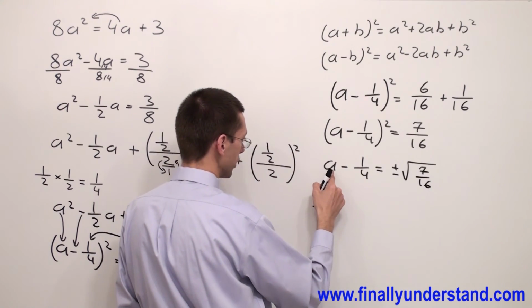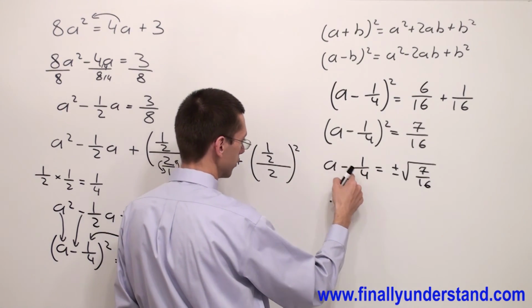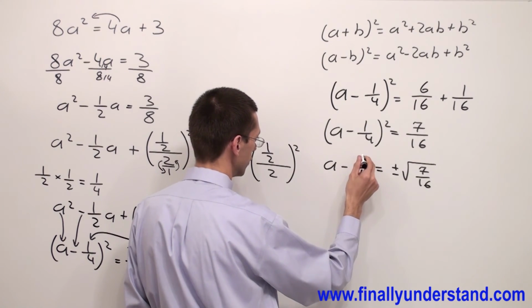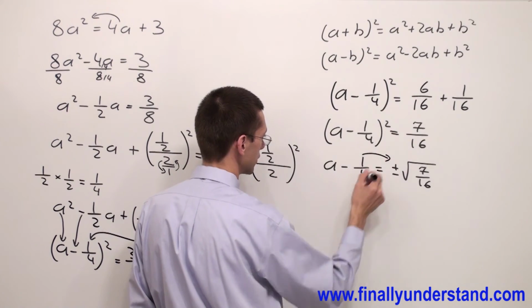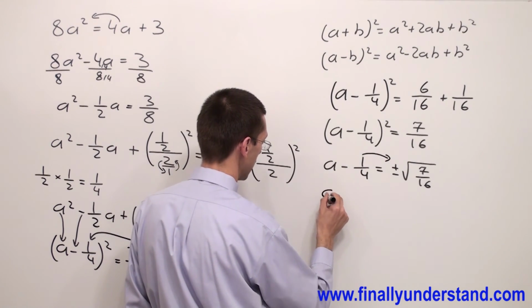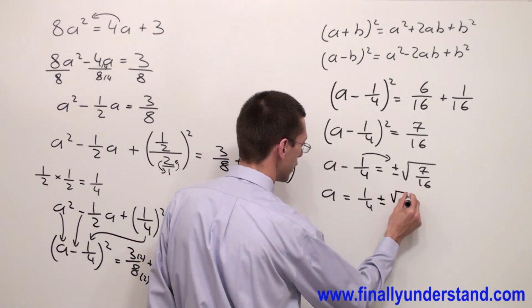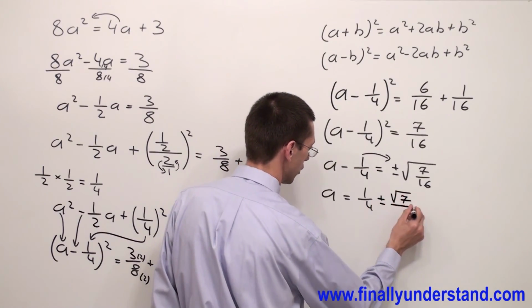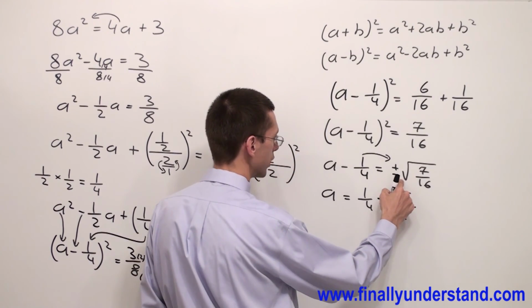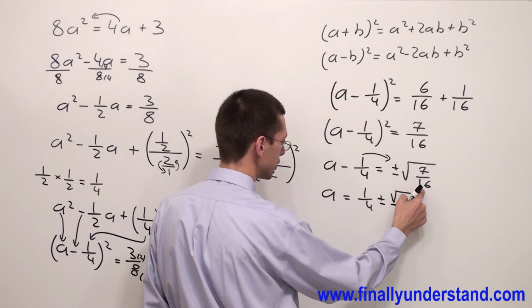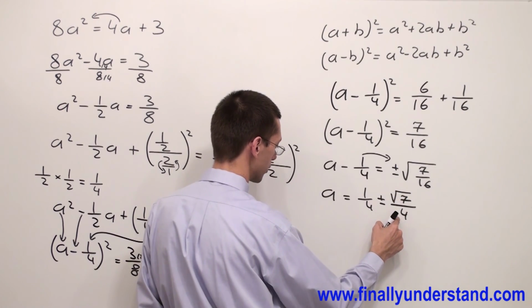In order to separate a from negative 1/4, you're supposed to just move negative 1/4 to the right side of the equation, and I have a equals 1/4 plus or minus square root of 7 over 4, because the square root of 7 is square root of 7, and the square root of 16 is equal to 4.